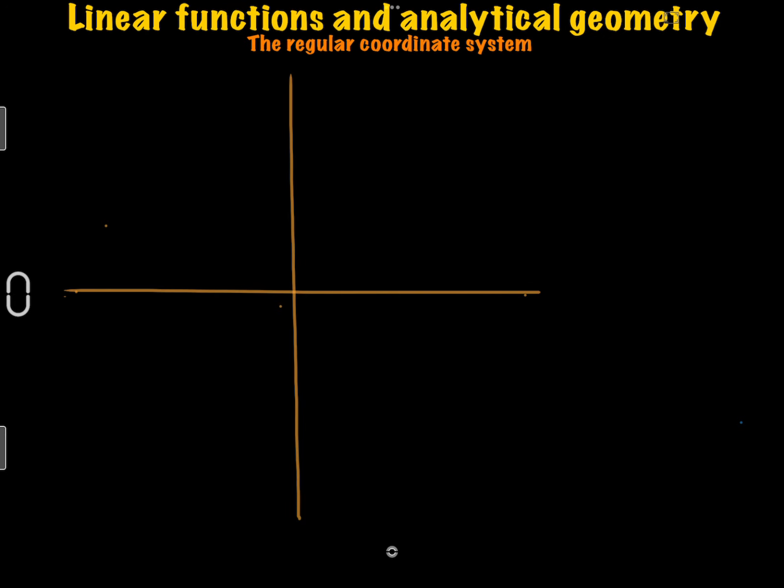Now, there are very important aspects to look at when you look at this Cartesian plane. I'm going to use an arrow to indicate that these lines can continue to infinity. So we have our x-axis and we have our y-axis on either side.